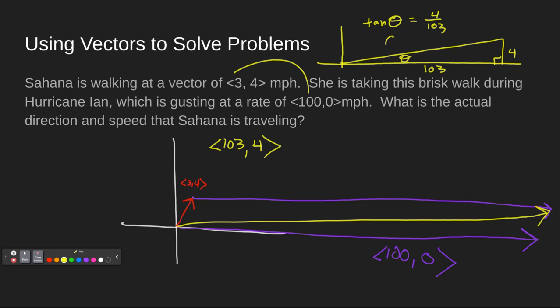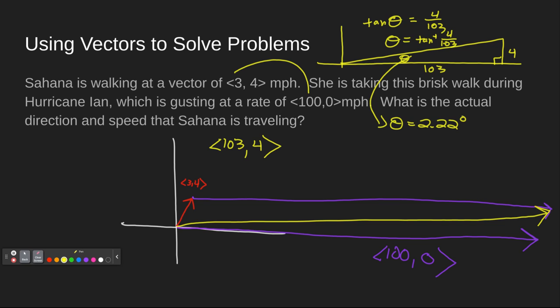And you might read some book that will tell you theta is the tangent inverse of x over y, but you don't need to memorize that. Sorry, of y over x. Let me give you that. I thought I had done it wrong, but then I realized that answer makes total sense. Theta is 2.22 degrees north of east. So it pushed her off her course pretty significantly, but that's a big wind. It's a hurricane after all.